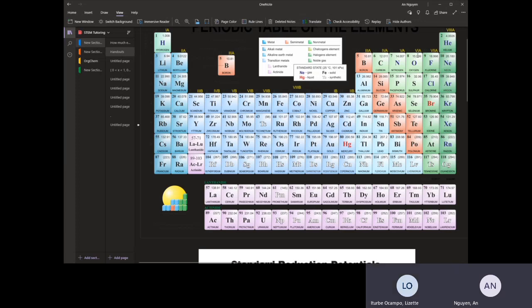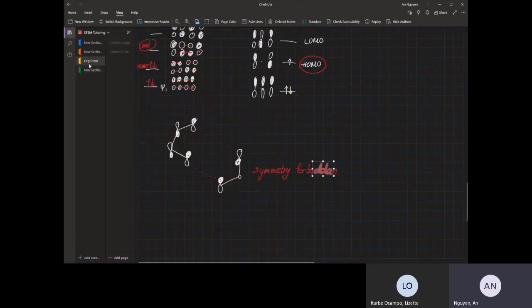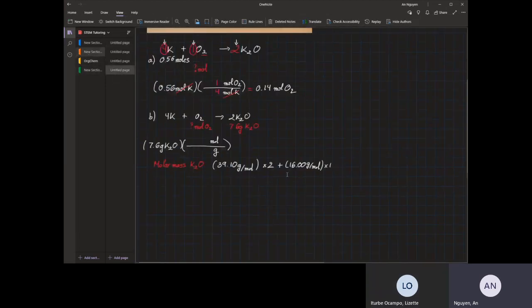It is 16.00 gram per mole, and 1 of them, so I just multiply by 1. So let's get back to over here. So it's going to give us 39.1 times 2 plus 16 times 1. That is 94.2 gram per mole.